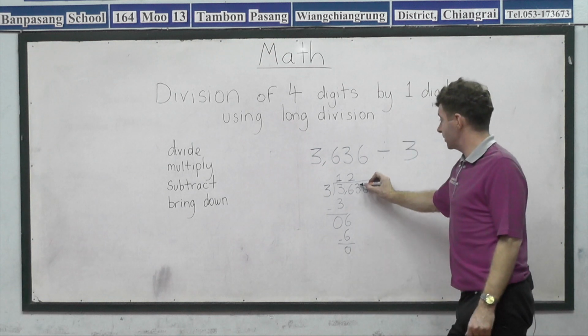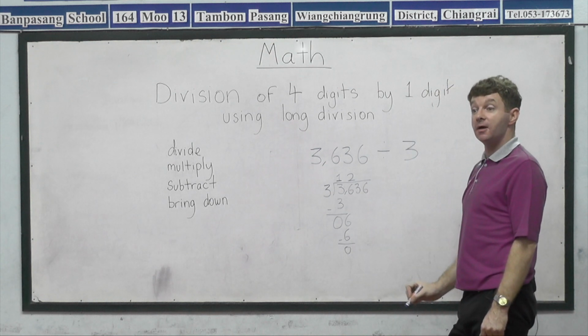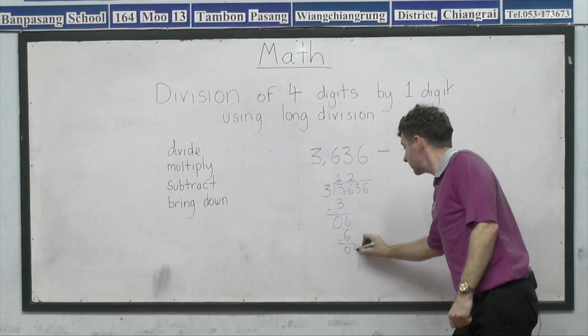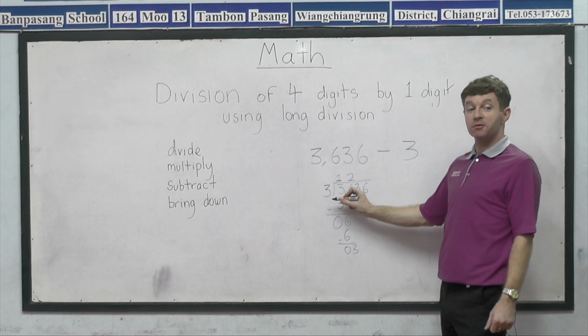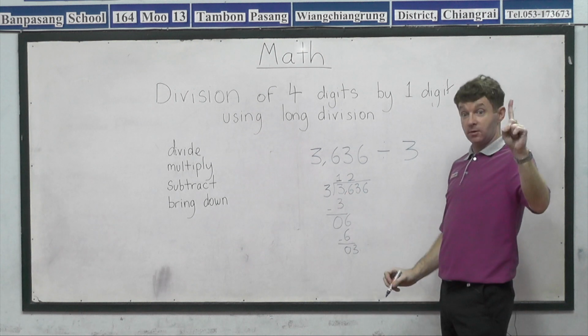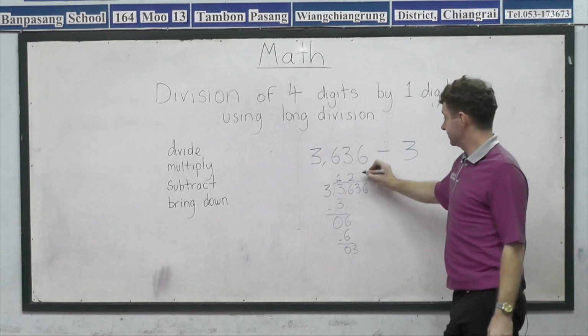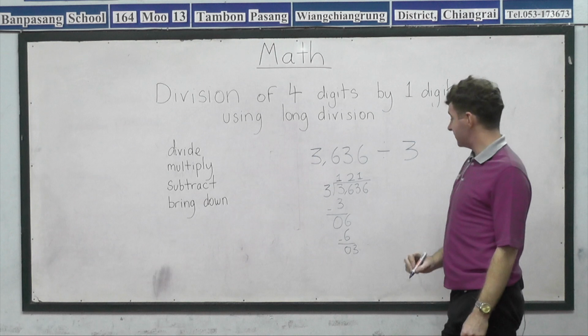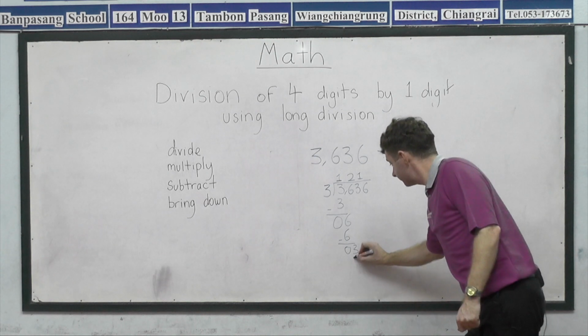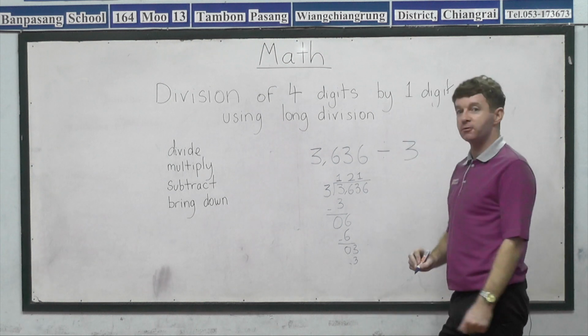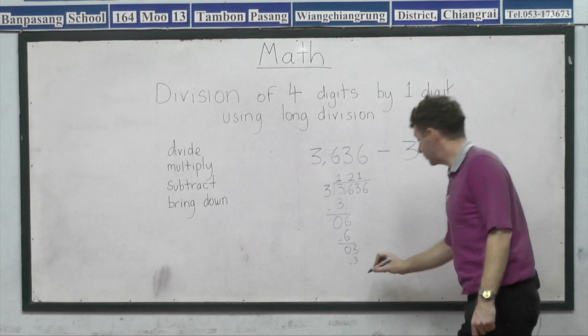So now we'll bring down number 3, and we just carry on doing the same process. 3 divided by 3 equals 1. 3 times 1 equals 3. 3 minus 3 equals 0.